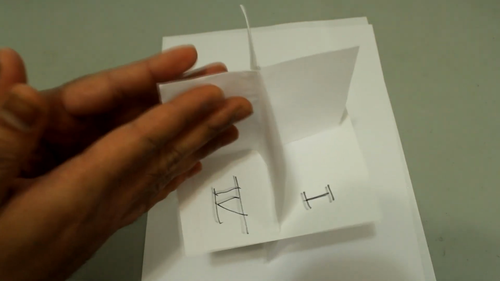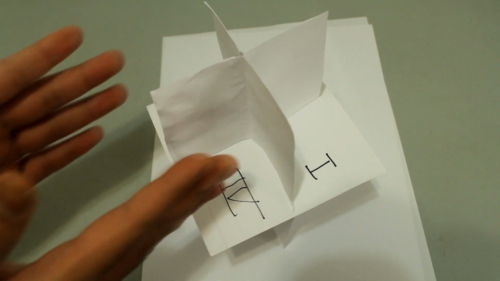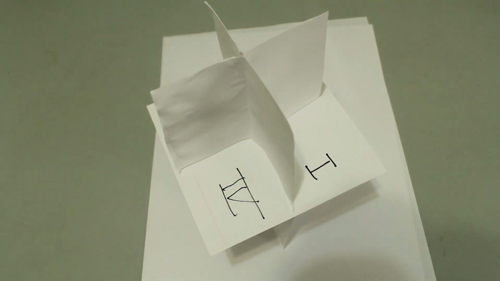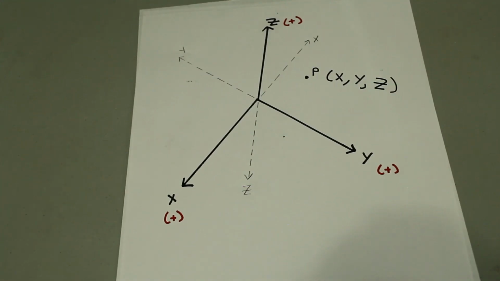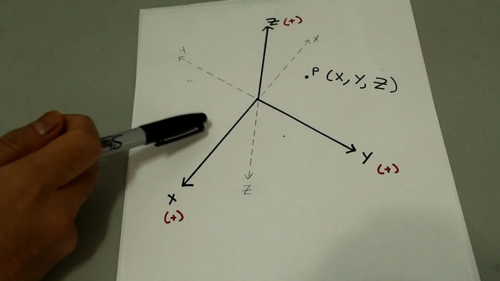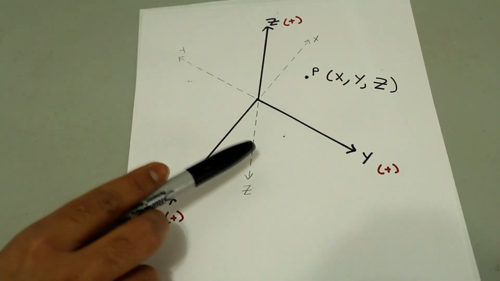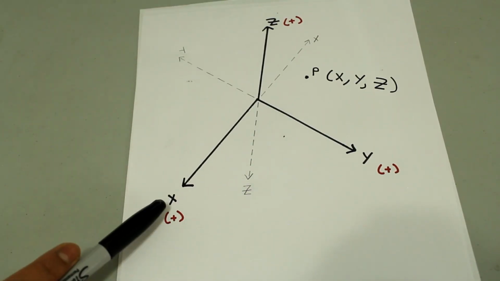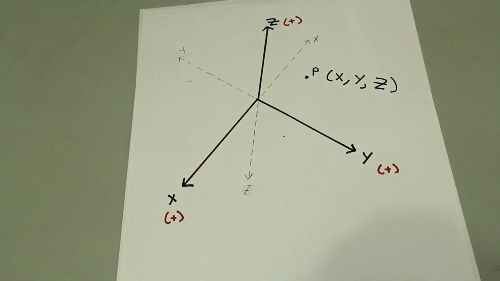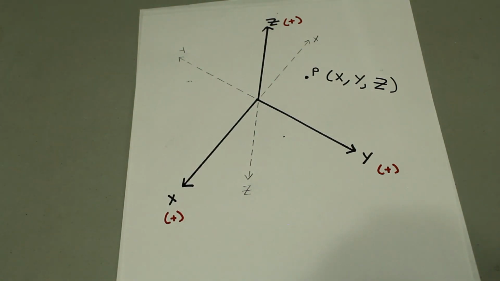And these walls are planes. Speaking of planes, the planes are labeled based on which axes comprise them. For example, the floor of the first octant is comprised of the x-axis and the y-axis, so that's the xy plane. So you just look at the axes to figure out the name of the plane.